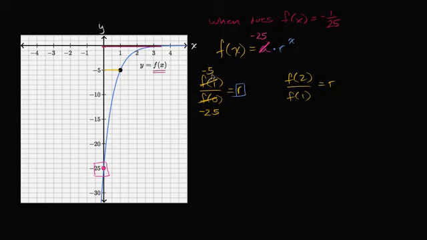Divide a negative by a negative, you get a positive. So you're going to get 5 over 25, which is 1/5. So now we can write an expression that defines f of x. f of x is going to be equal to negative 25 times 1/5 to the x power.